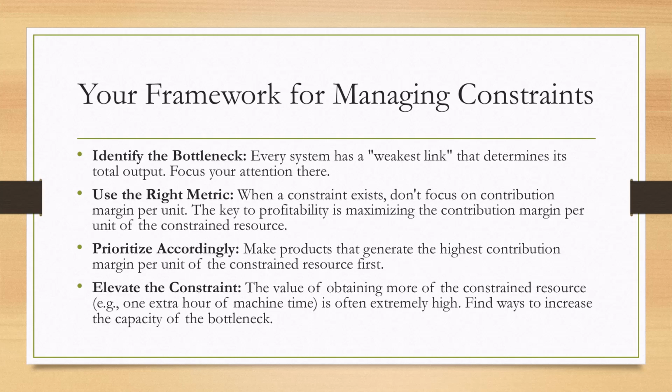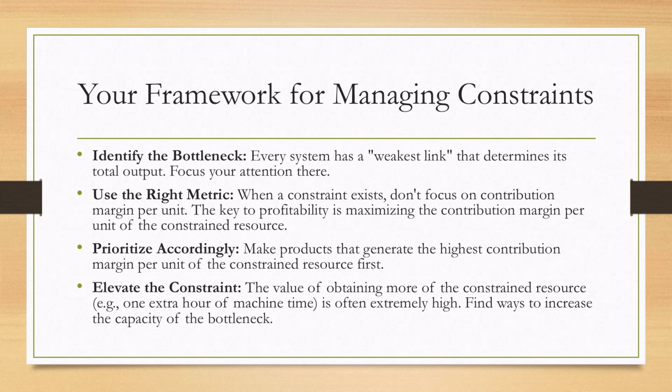Let's summarize our framework for managing constraints. First, you must identify the bottleneck. Every system has a weakest link that determines its total output, and you must focus your attention there. Second, use the right metric. When a constraint exists, don't focus on the contribution margin per unit. The key to profitability is maximizing the contribution margin per unit of the constrained resource.